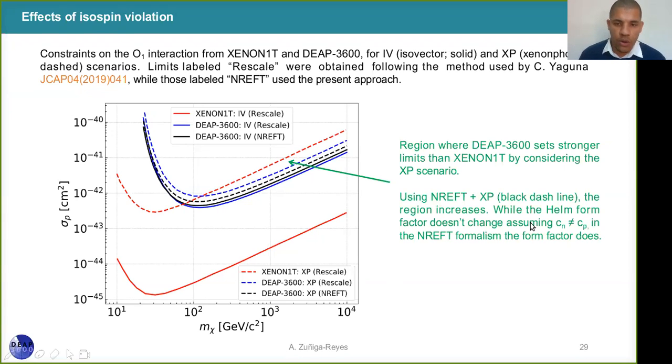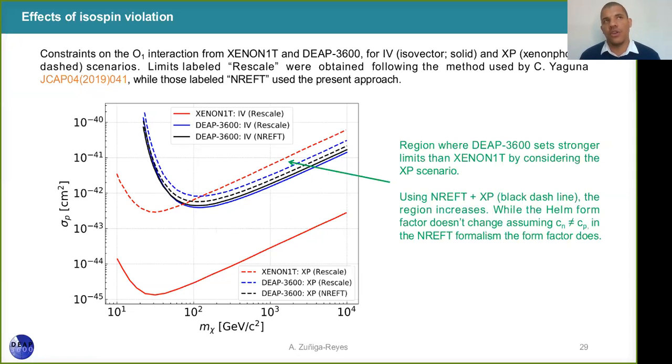Okay, we explore this case, I mean the xenophobic case, using the effective field theory, which is the black dashed line result. And we observe that the region increases. And this is related to the fact that in the approach by Carlos Yaguna, he used the Helm form factor.